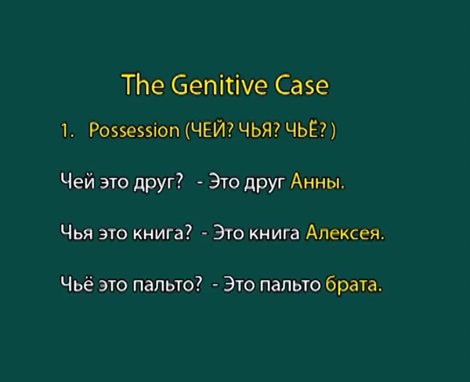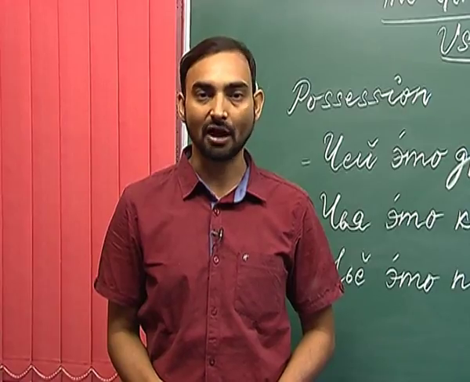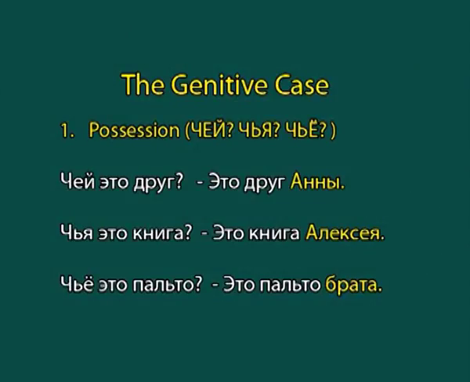Genitive case is also referred to as possessive case, and as the name suggests, its main use is that it denotes the possession of a noun. So we will now look at the uses of the genitive case.